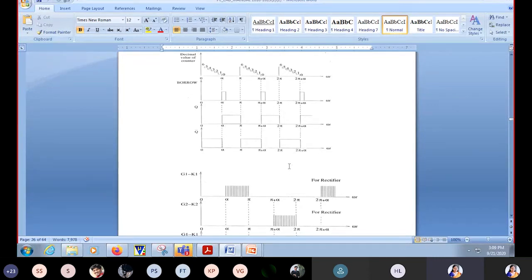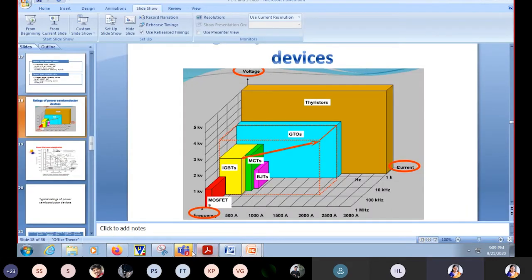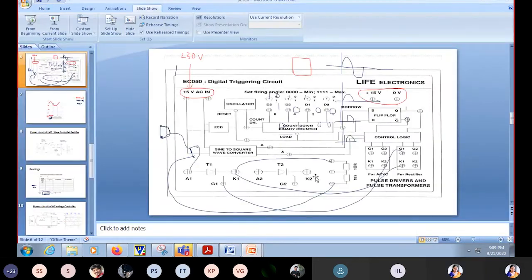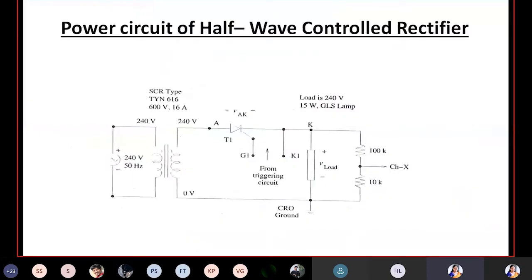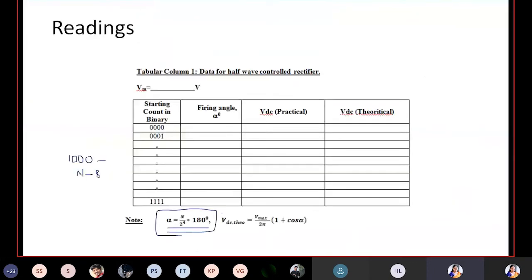They have shown it's not possible to determine theoretically, but practically when you check, it is moving from 0 to 1. Is this fine? Yes, ma'am. Okay, theoretically we can't predict what state will come, but practically it is moving from 0 to 1.